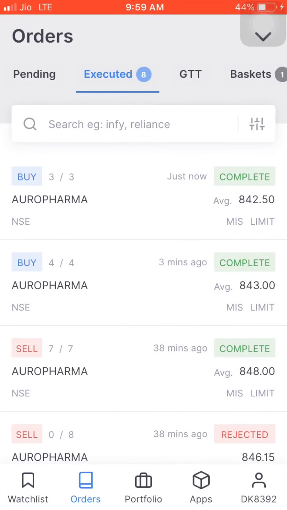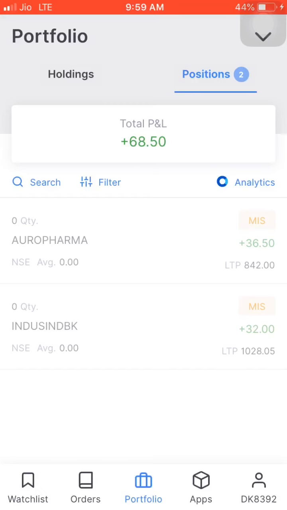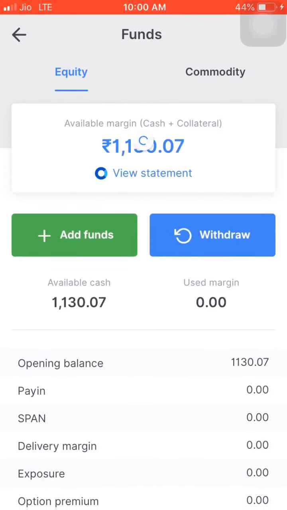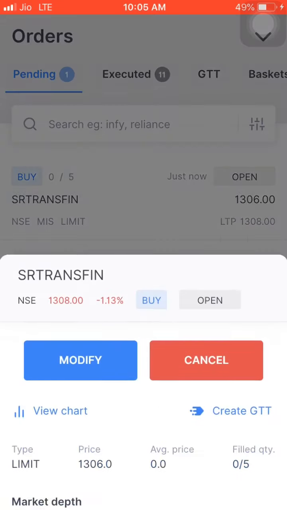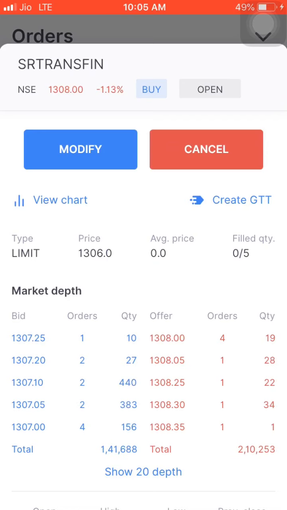Guys, the order has been executed and our second trade was a success, and we have gained 68.50 rupees profit.